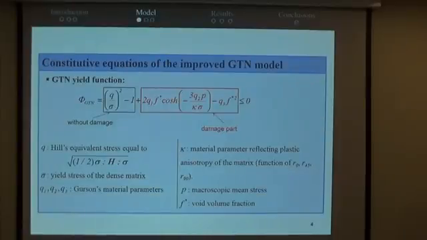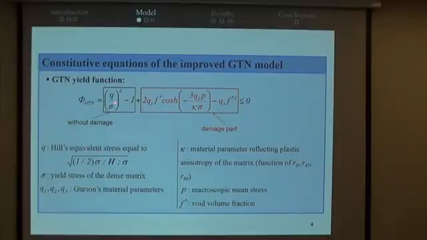So what about the constitutive equations of this improved GTN model? The first equation is the yield function. The first part of this yield function, in black, is exactly the same as for a dense matrix without damage. The second part is the contribution of the damage, and we have here f, which is the scalar damage variable.